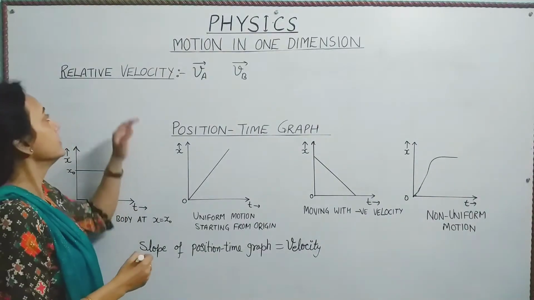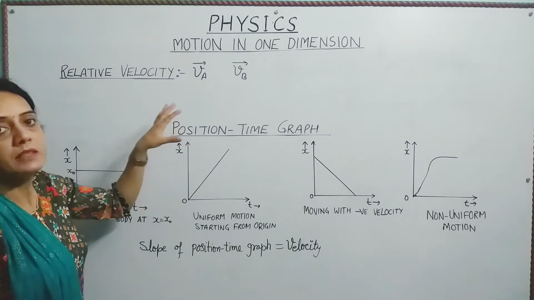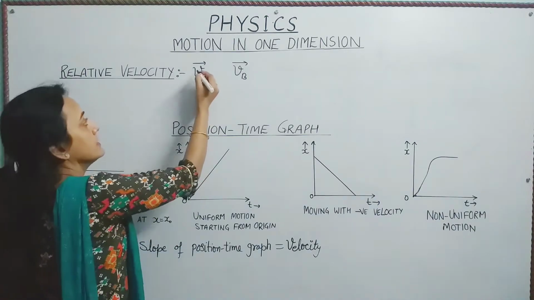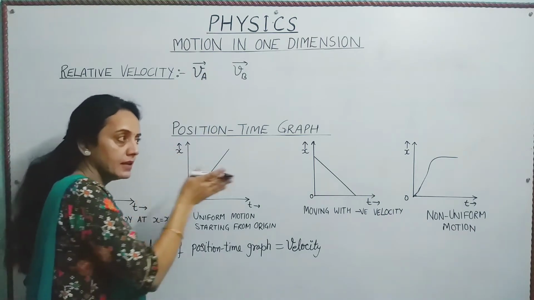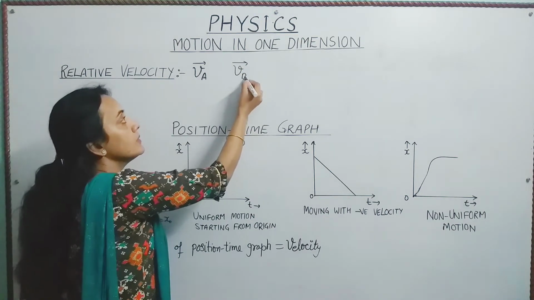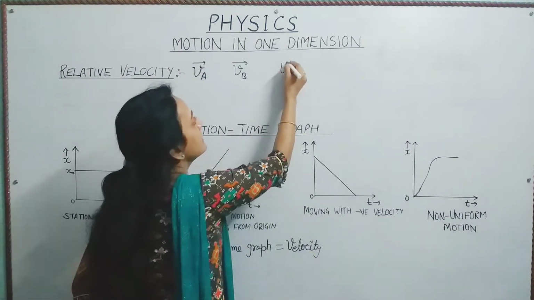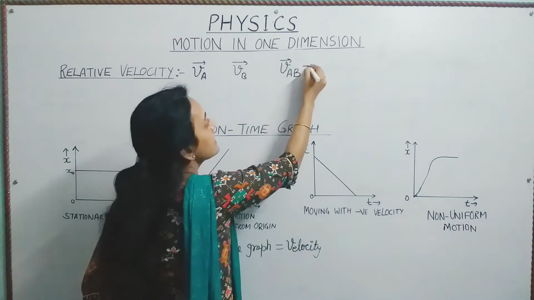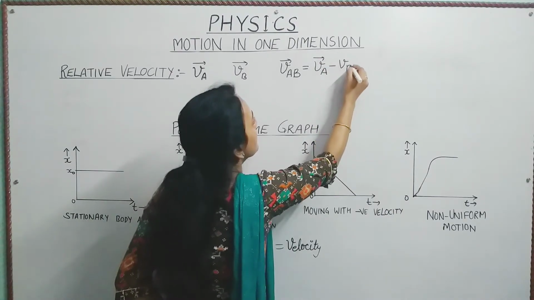Now let us talk about a very important term, relative velocity, which we will come across many times in the numericals. Let us take two bodies which are moving. Body A is moving with velocity VA in the right direction. Similarly, body B is moving with velocity VB in the same direction. Then the relative velocity of A with respect to B is given by VA minus VB.